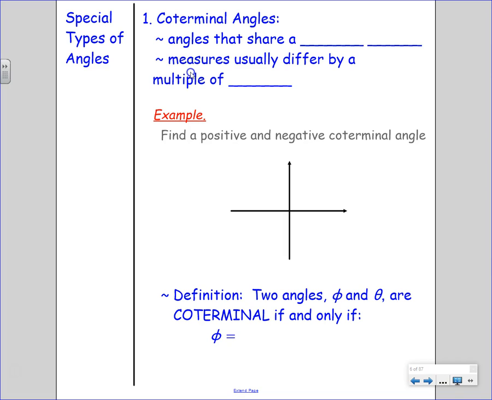Co-terminal. Co, with or together, something is in common. Terminal, guess what's in common? The terminal side. AKA, they end at the same place. Angles that end at the same place or share a common terminal side.